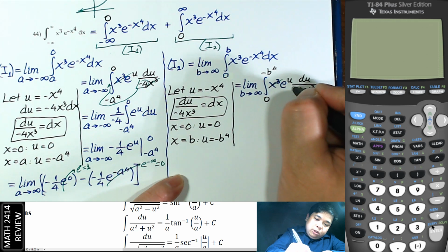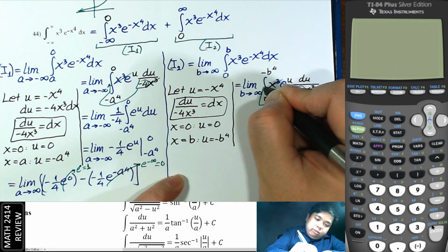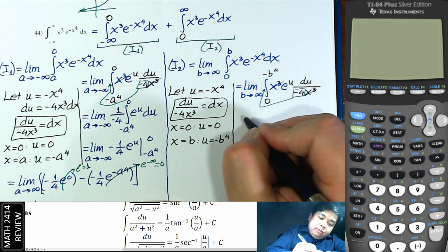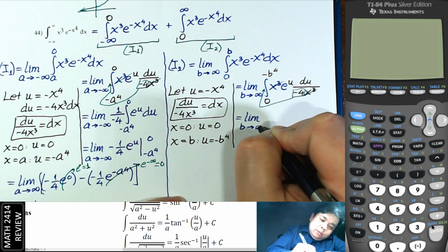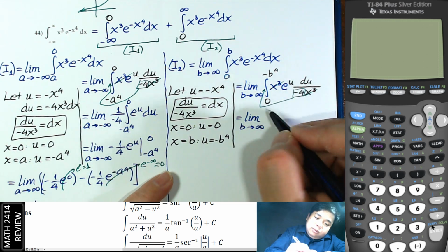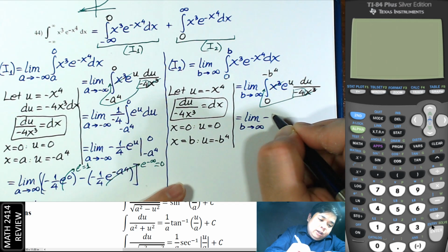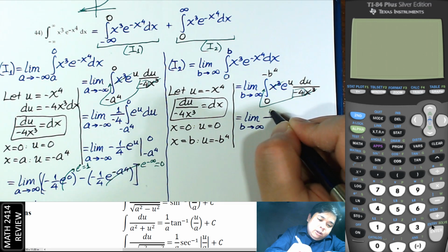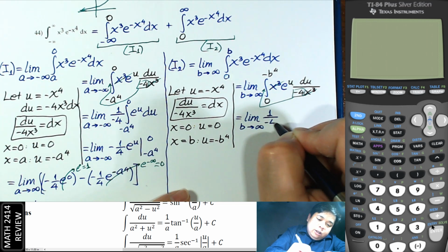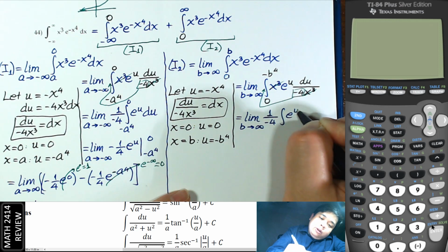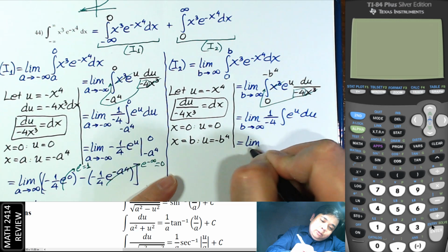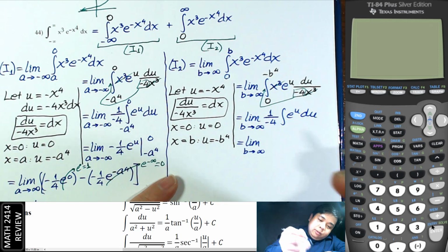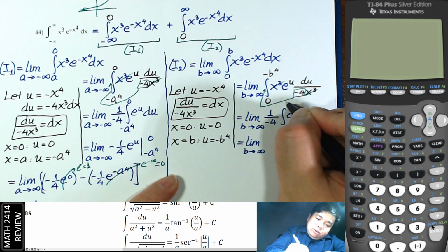Cancel the x cubed, take down the negative 1 over negative 4 at the bottom. Integral of e to the u du, from 0 to negative b to the fourth.